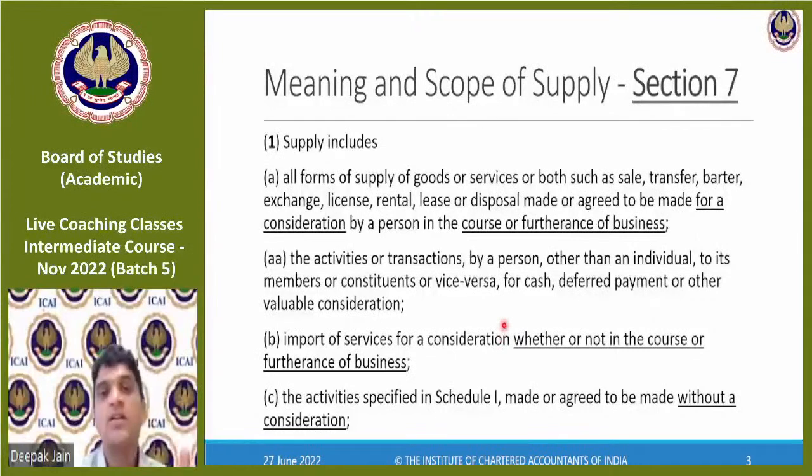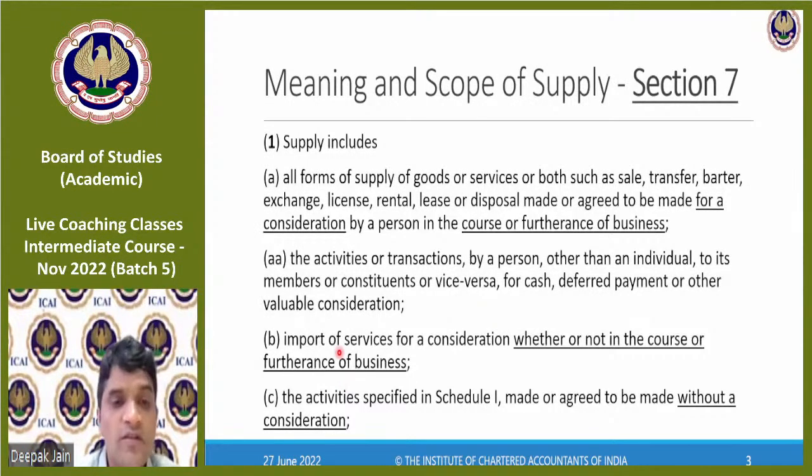So they want to cover activities of an association collecting money from its members. On that also service tax GST will apply, is what they're trying to focus on. This is an amendment, so you could expect some weightage on this. Activities of an association or clubs to its members are treated as a supply.